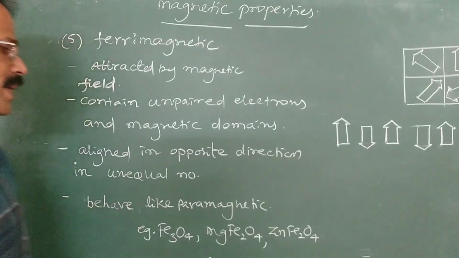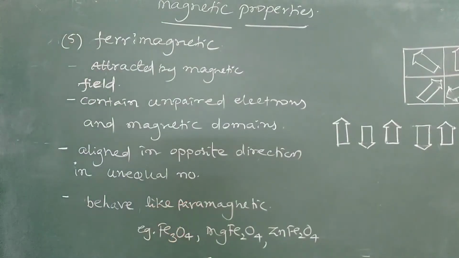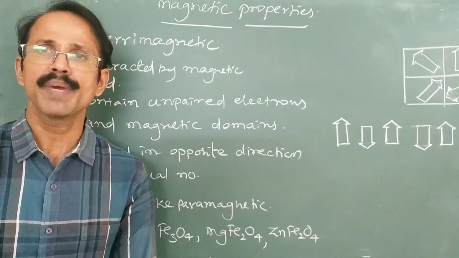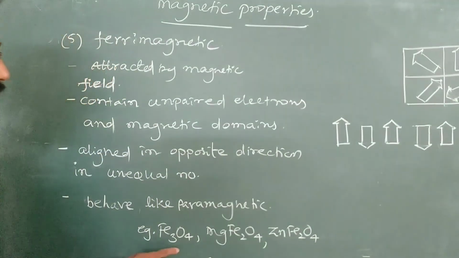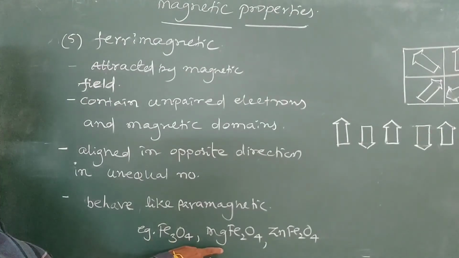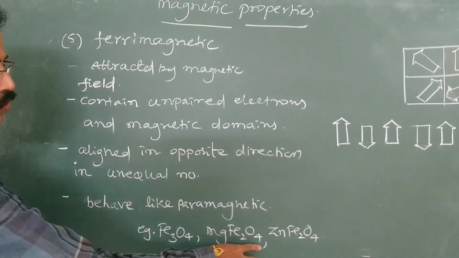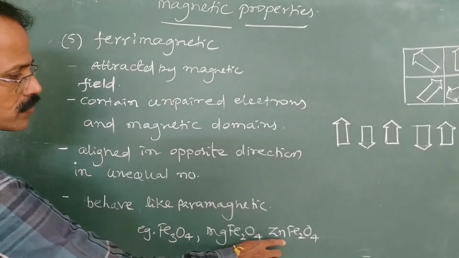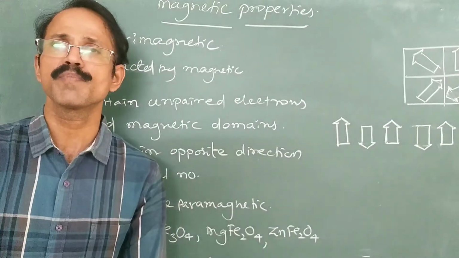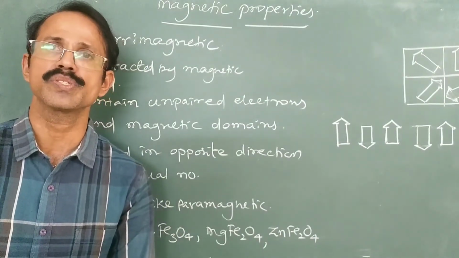That means they behave like paramagnetic substances. Here I have given some examples of ferrimagnetic substances like magnetite Fe3O4, and ferrites like magnesium ferrite MgFe2O4 and zinc ferrite ZnFe2O4.